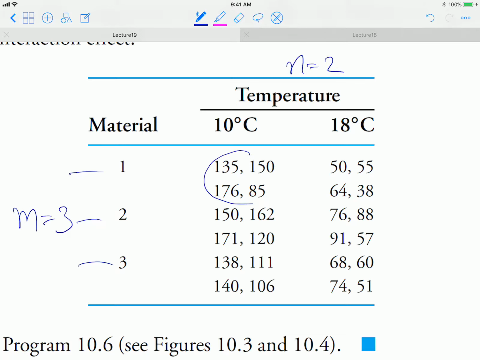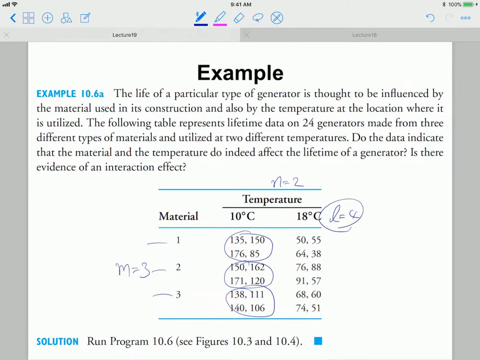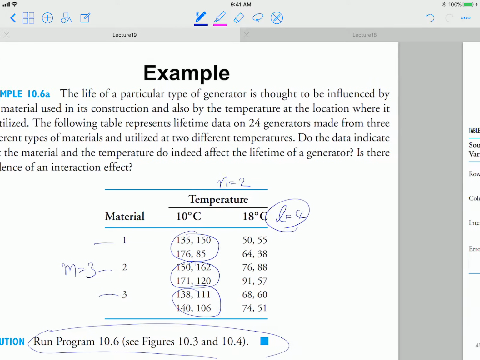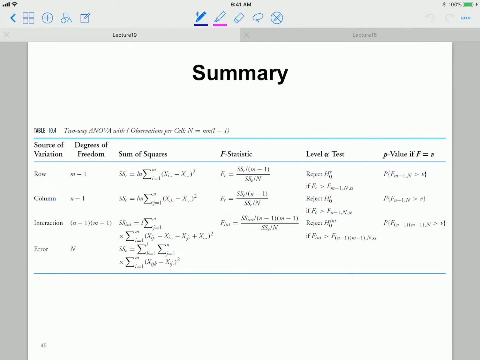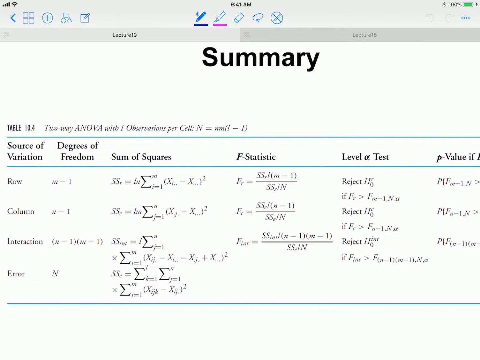And then within each cell we have 4 different observations, and so L is 4, right? And then the solution is just one single line, just applying the equations that we studied in the previous slide. And then this is the summary.